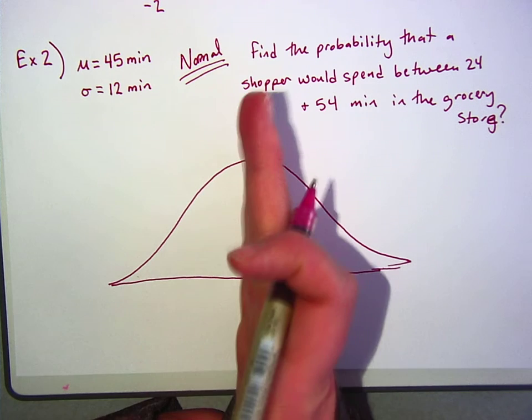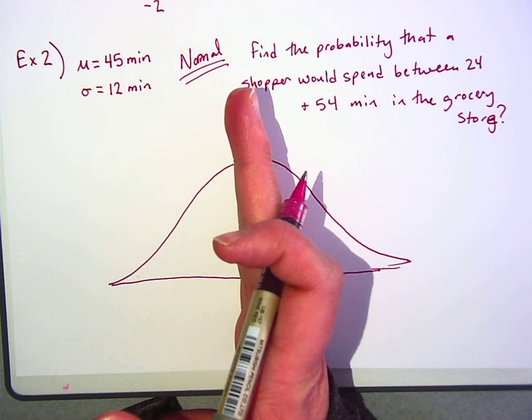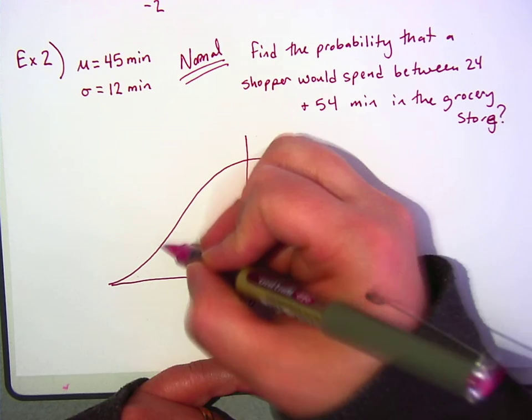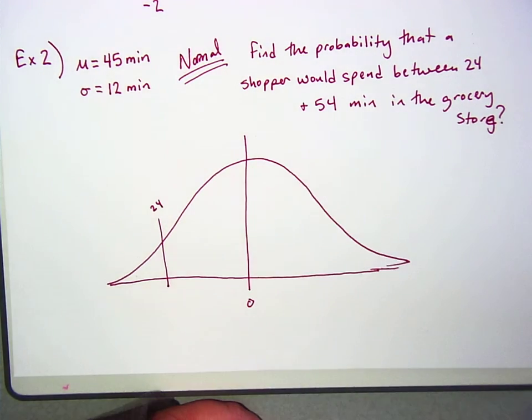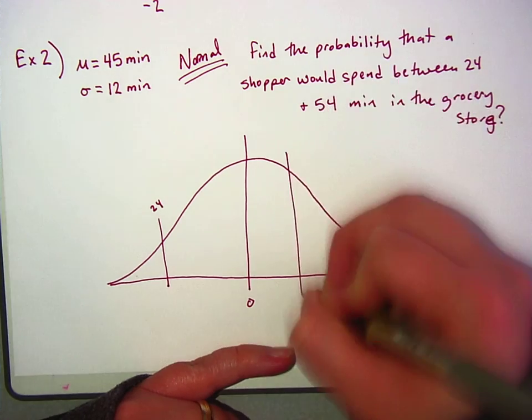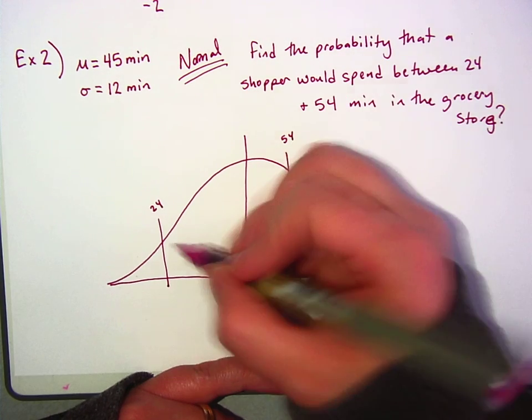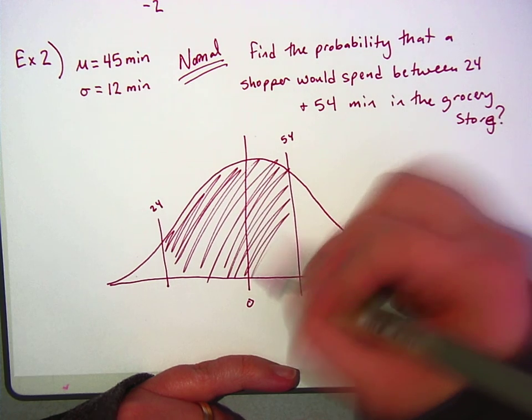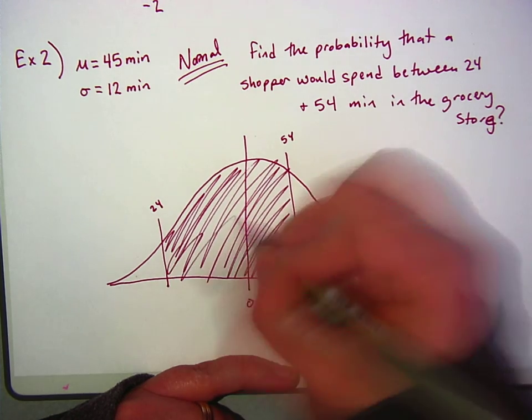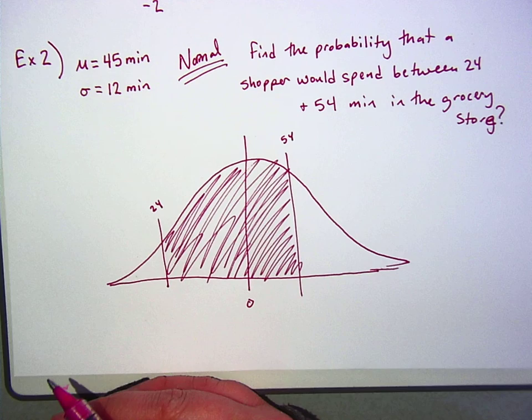Okay, well, we know the middle is 45 minutes, right? The average is 45 minutes. So maybe 24 is over here, and 54 is probably closer, maybe like that. There's 54. We want between this, right? But are our z-scores 24 and 54? No, what do we have to do?